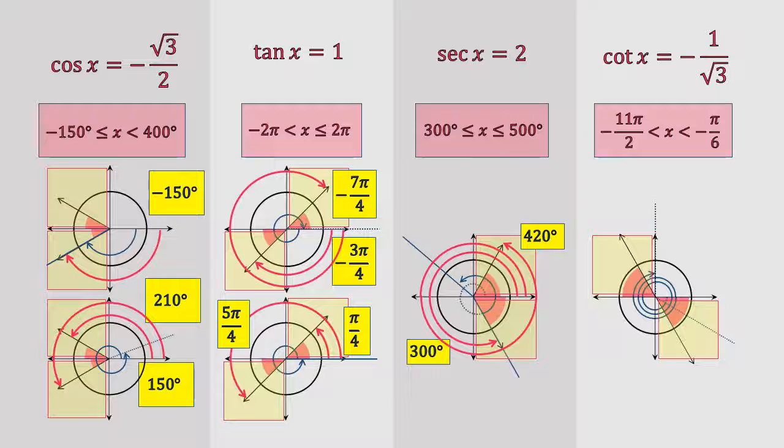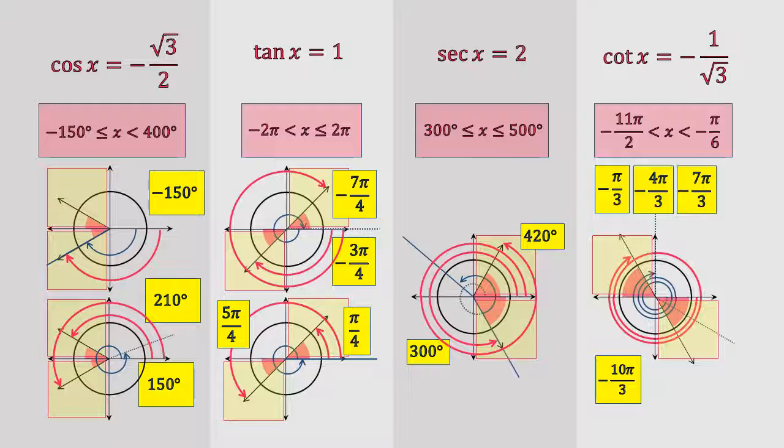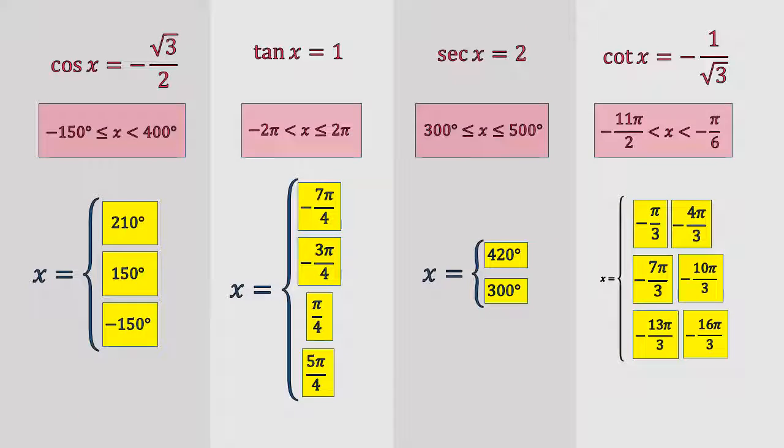The required solutions in decreasing order are minus pi by 3, minus 4 pi by 3, minus 7 pi by 3, minus 10 pi by 3, minus 13 pi by 3, and minus 16 pi by 3. Did you get all of them right?